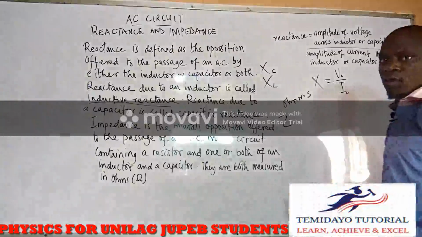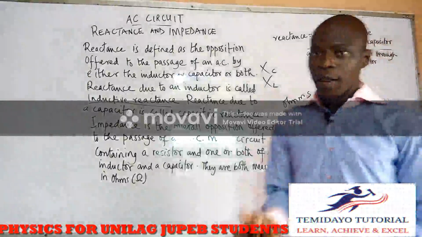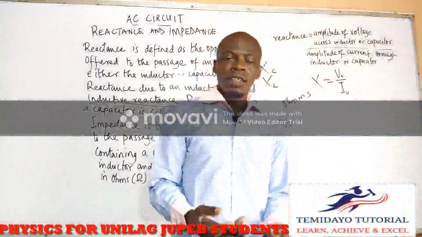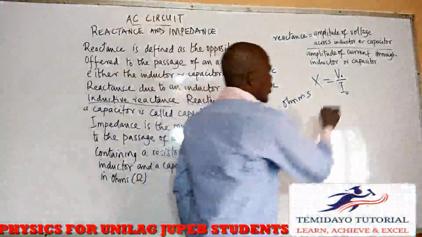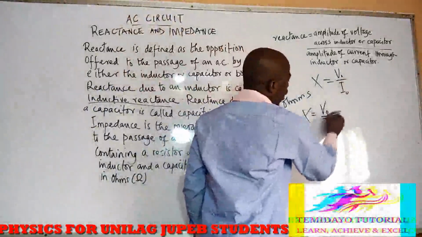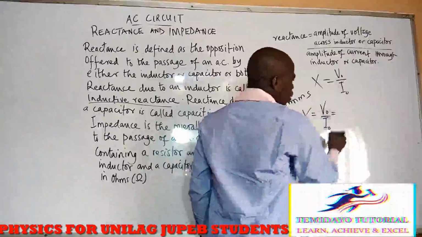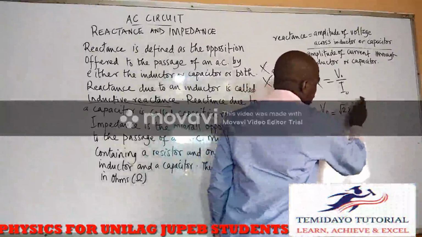From here we could see what our V naught is. Our V naught is what we have explained under the peak and the root mean square. We know that X is equal to V naught over I naught, and our V naught is equal to the square root of 2 multiplied by V RMS.